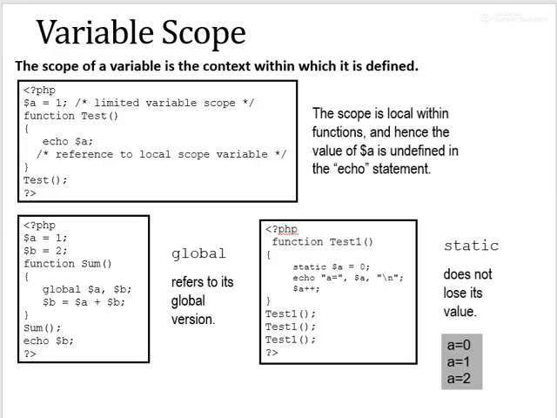The variable scope, the scope of the variable is the same as in C++. It will be only visible in the same place where you declare it or use that variable.